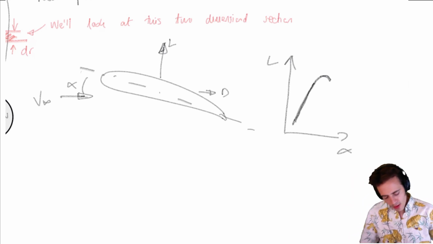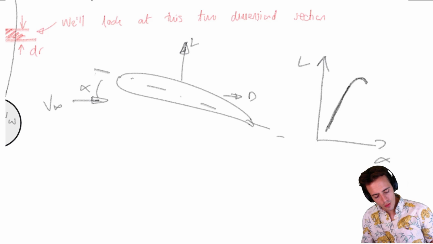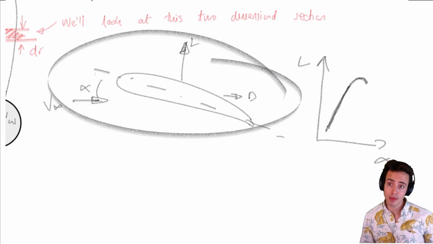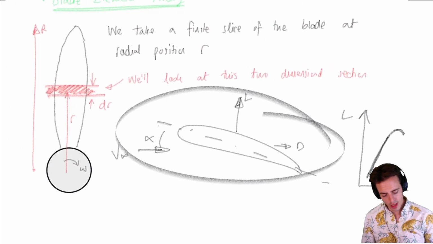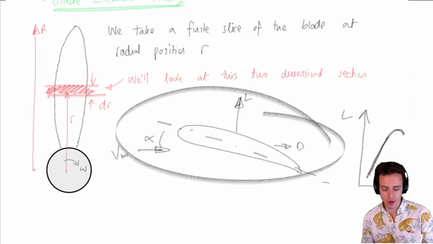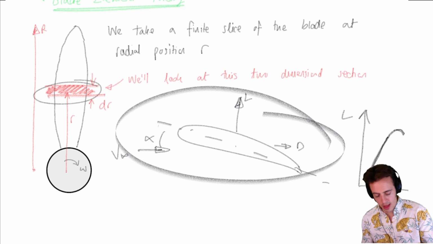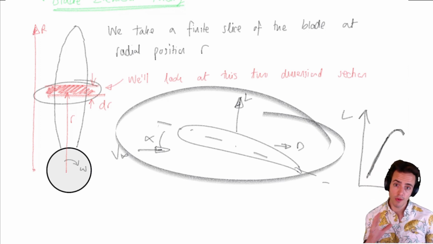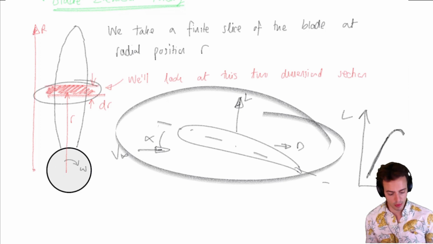So if we can work out an equivalent diagram like this for our blade element, then that's going to help us determine the aerodynamic properties of our propeller. Because if we can determine what the lift and what the drag are, then we've got the two-dimensional forces occurring on this blade element. We can then convert those into the forces we care about for propellers, which are thrust and torque.